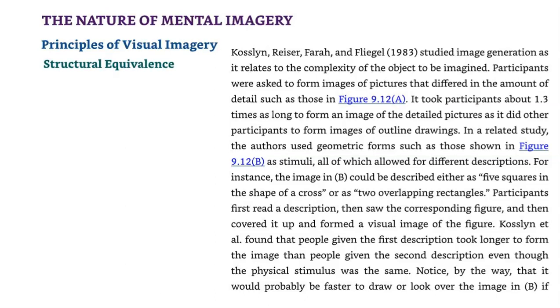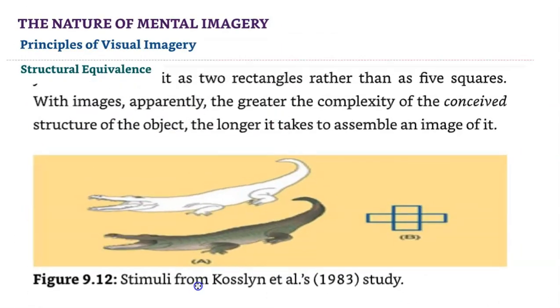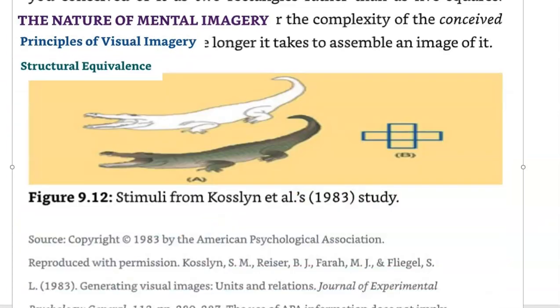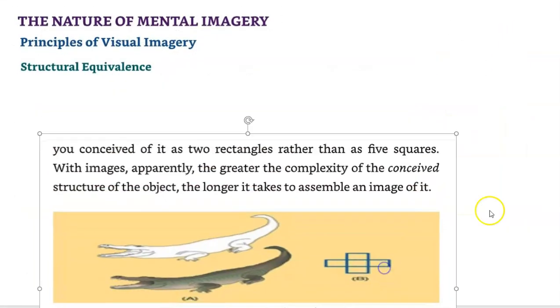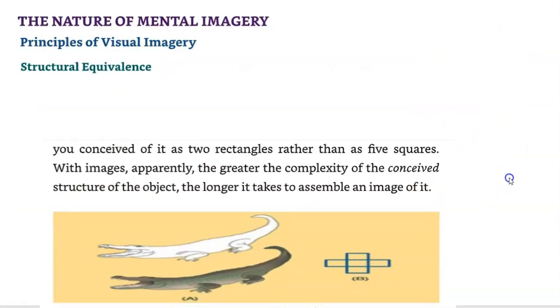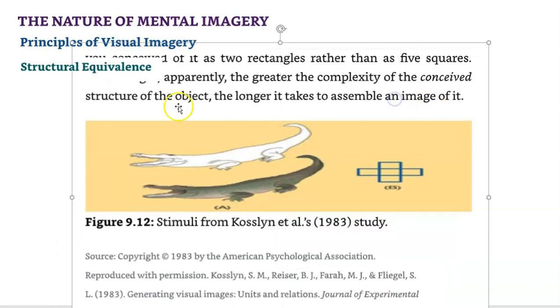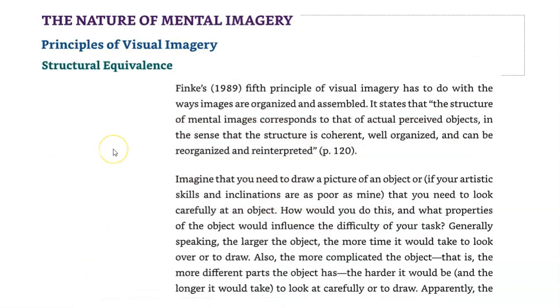So in that case, the way that you conceived of it matters. If you conceived of it as 2 rectangles rather than the 5 squares, with images, apparently, the greater the complexity of the conceived structure, the longer it takes to assemble an image and for people to draw it, although they're understood not to be very good artists.